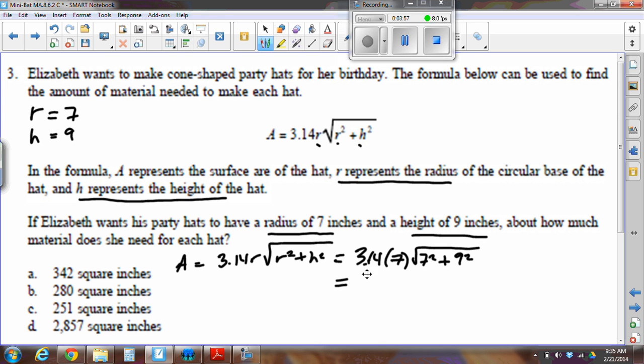Bring it down. We can do this math out here, but we normally do the parentheses first, so let's leave this alone for now. Square root of 7 squared is 49 plus 9 squared, which is 81. So now we'll keep this again, times 7. Square root of 49 plus 81 is going to be 130.